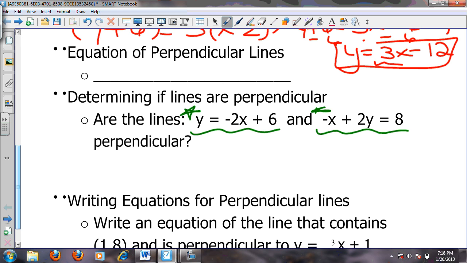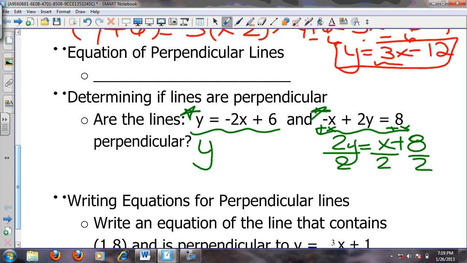Let's make this one in slope-intercept form. 2y equals negative x plus 8, because I subtracted x from both sides. Divide all terms by 2. So in y-intercept form, y equals negative 1/2 x plus 4.